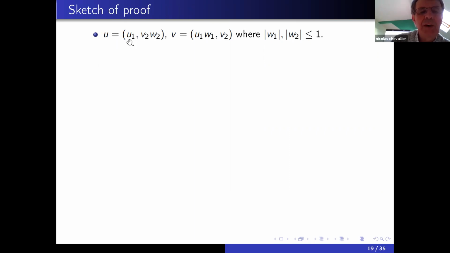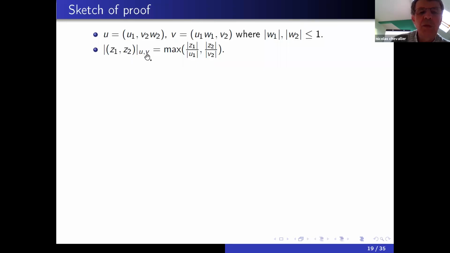When we have two vectors, and like before, the first coordinate of u is larger than the first coordinate of v, then the first coordinate of v is of the following shape: u1 times w1, where w1 is just the quotient v1 over u1, and the same for the second coordinate: it is v2 times w2 for some complex number w2 whose modulus is smaller than 1. We will use this norm.